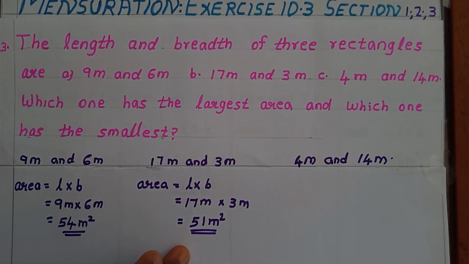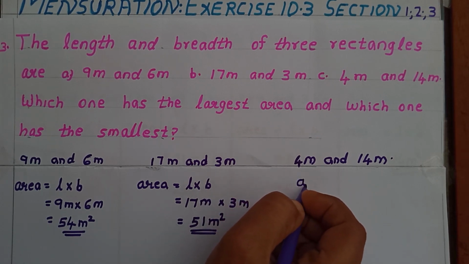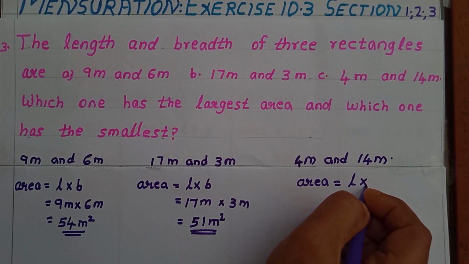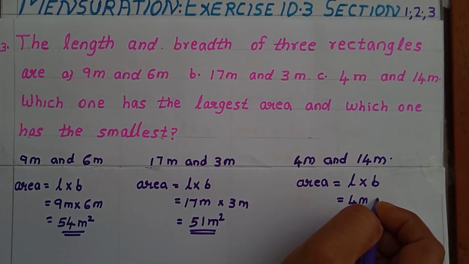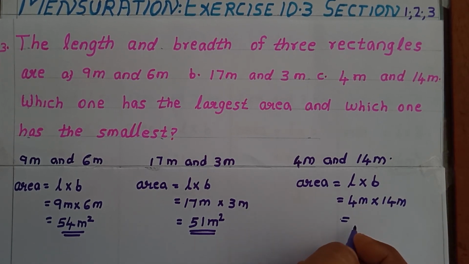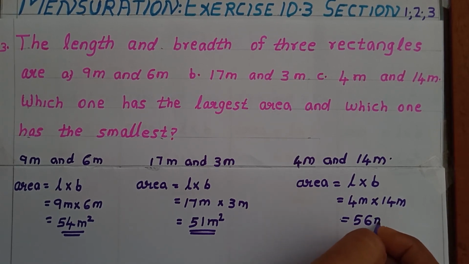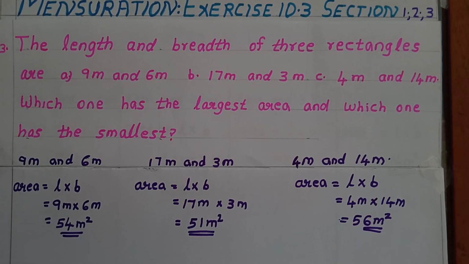Area is 2-dimensional and perimeter is 1-dimensional. Again for this, area equal to length into breadth equal to 4 meter into 14 meter equal to 56 meter square. Which one has the greatest area?